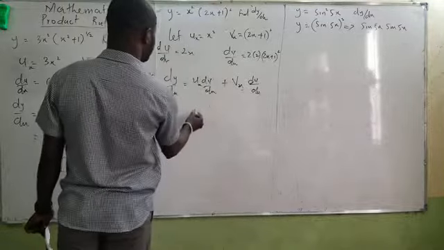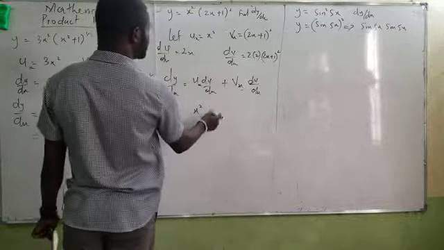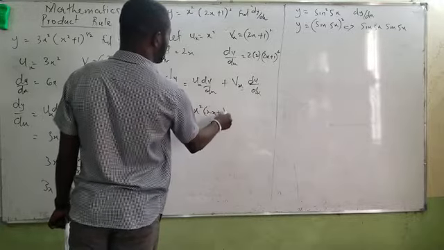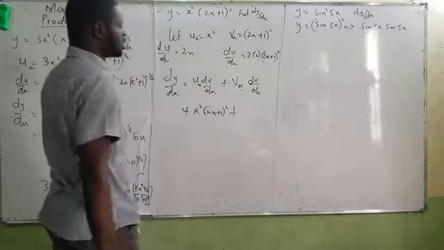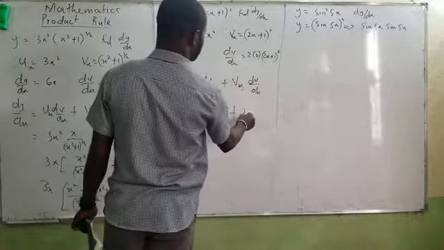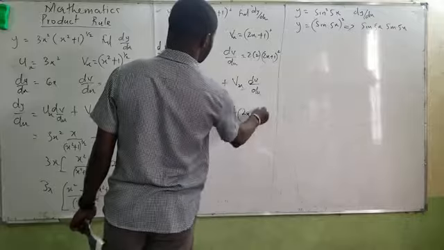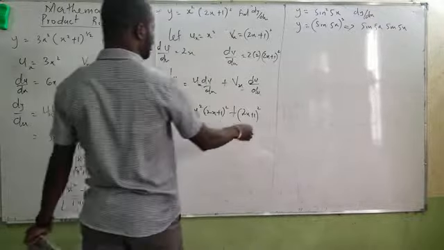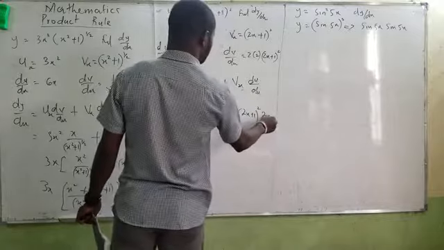My u is x squared, and I'll be having 4 bracket of 2x plus 1 squared plus, now, what was my v? My v is 2x plus 1 squared, and my du/dx remains as 2x.